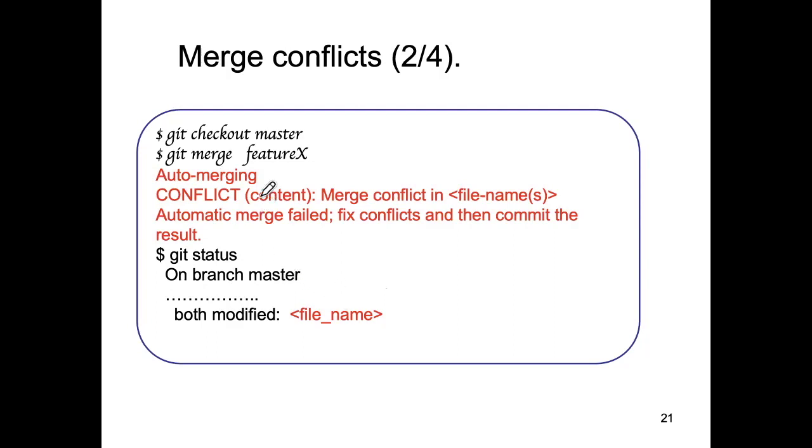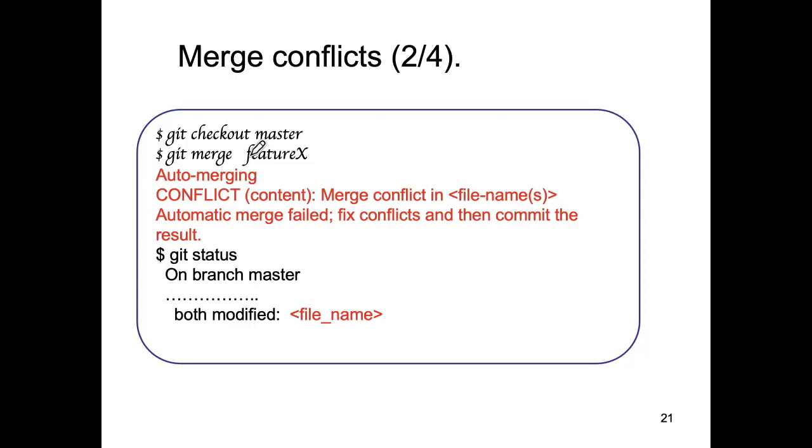So when you carry out this git merge operation, what Git does is it essentially performs the merge in your working directory. That was the case in the fast forward merge as well.